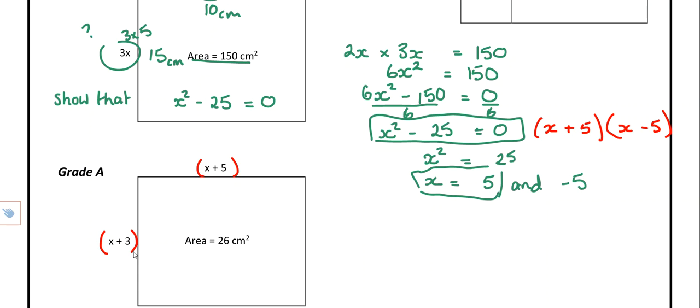However, how do you solve a quadratic? What does it need to equal? 0. And this one, multiplied by this one, will equal what? Not 0. 26. So you have to do a bit of rearrangement. You have to expand, simplify to make it equal 0, and then try and refactorise.